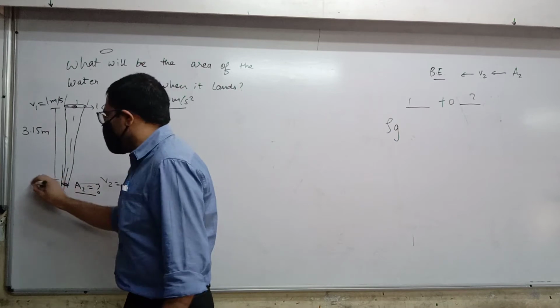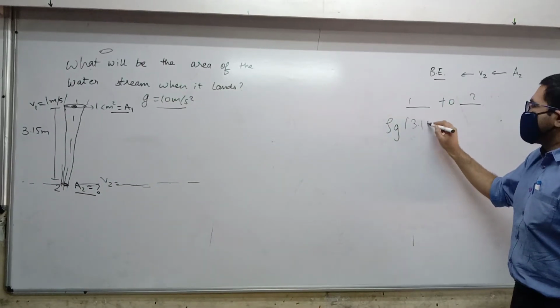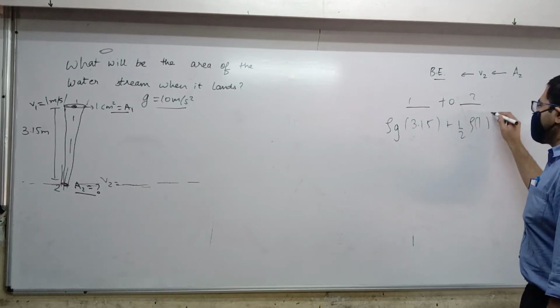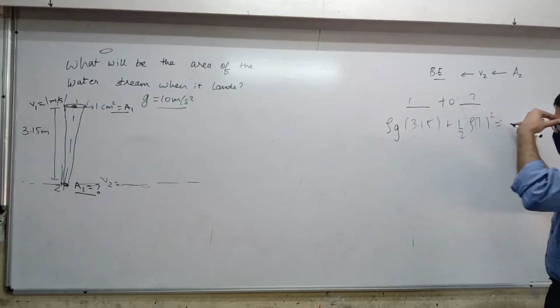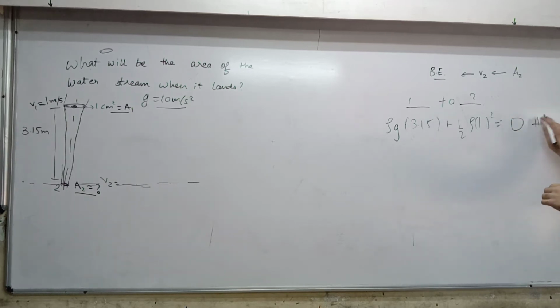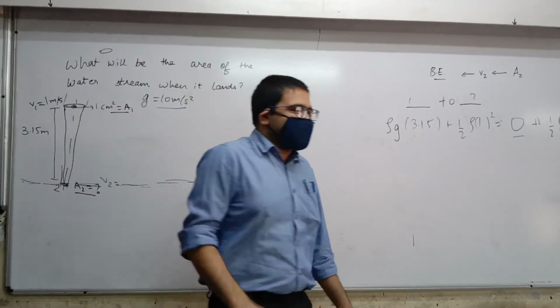Here take the reference. So rho g times 3.15 plus 1 by 2 rho v1 squared is equal to rho g h2, which is 0, plus half rho v2 squared. Clear or not clear? Who didn't put 0 here? Why? Here it should be 0. This is the reference. Where did you take the reference at?